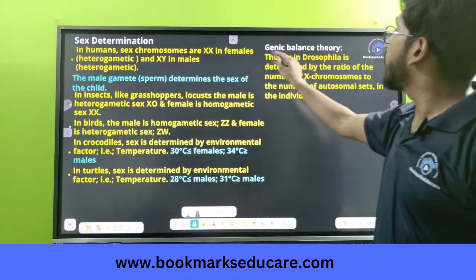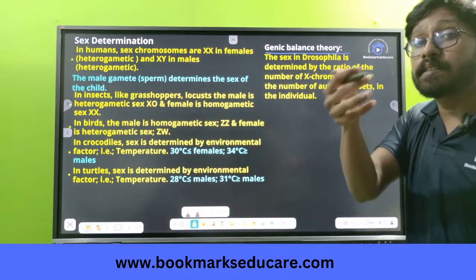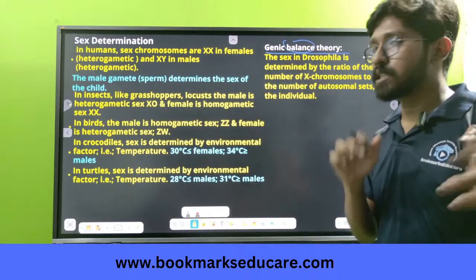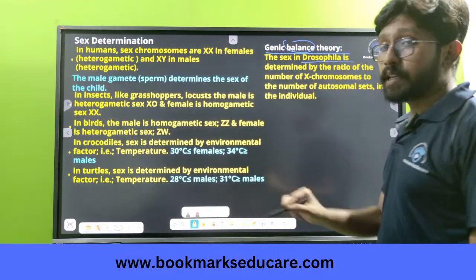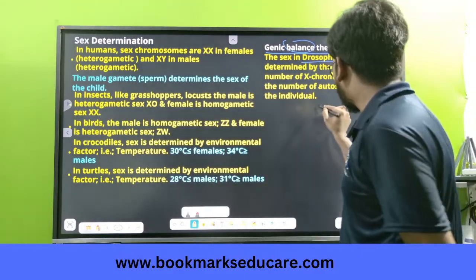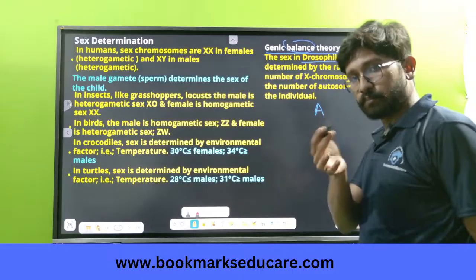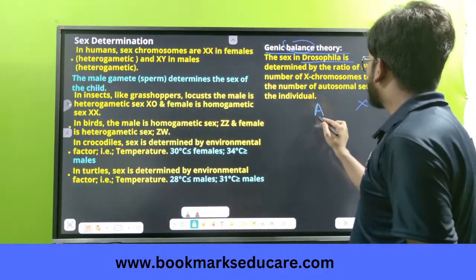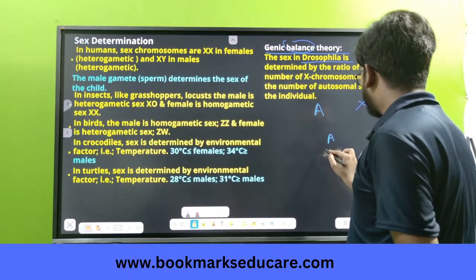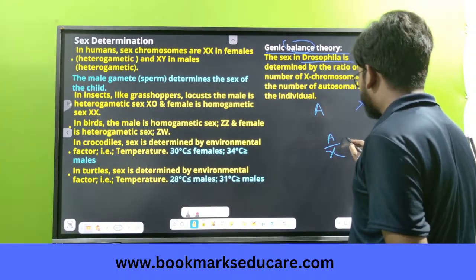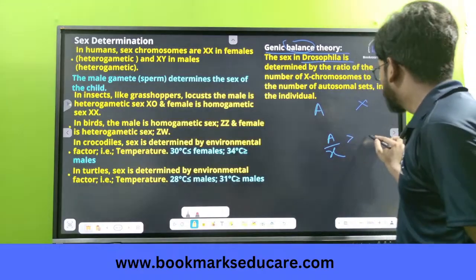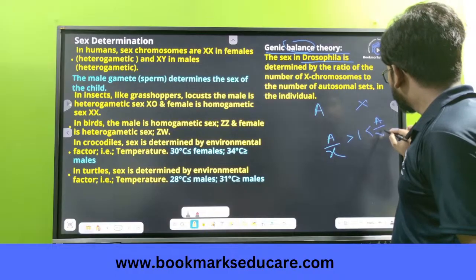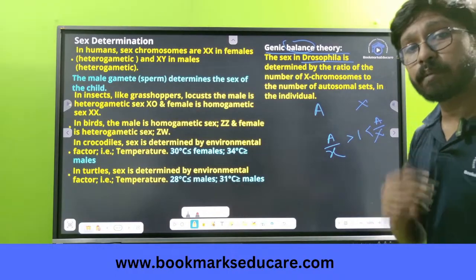Now there is a very fun thing called genic balance theory, meaning obviously there will be some balance between genes. In Drosophila we can see genic balance theory. You have autosomes and you have X chromosomes, right? The ratio of autosome to X chromosome will determine whether you get male or female.